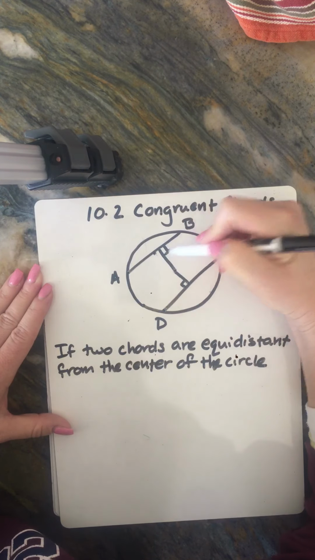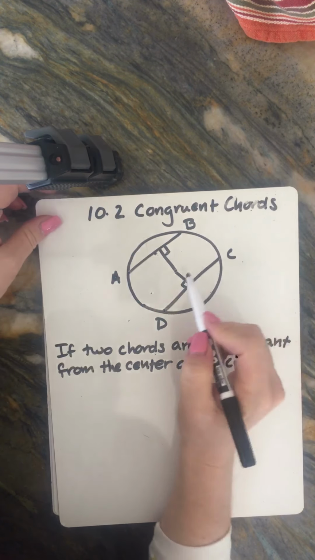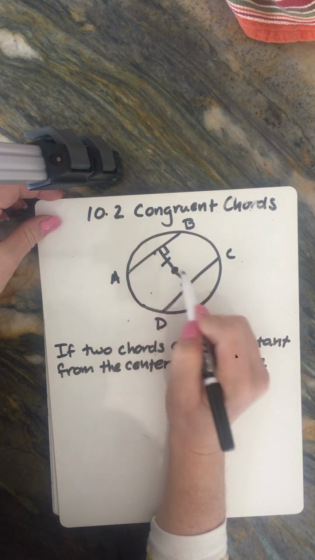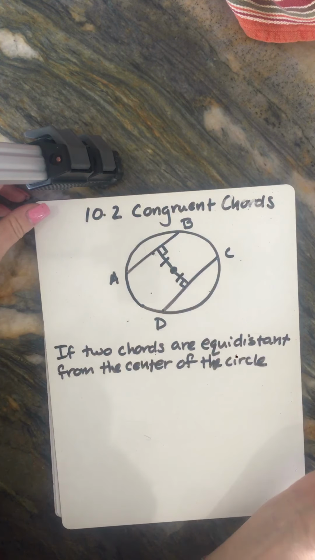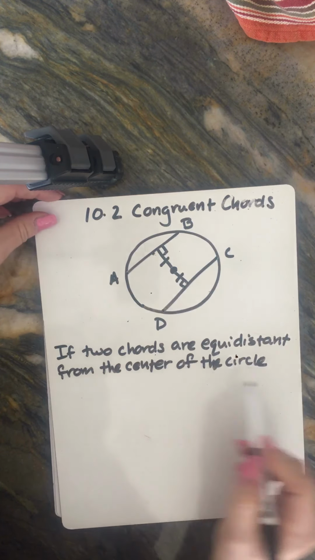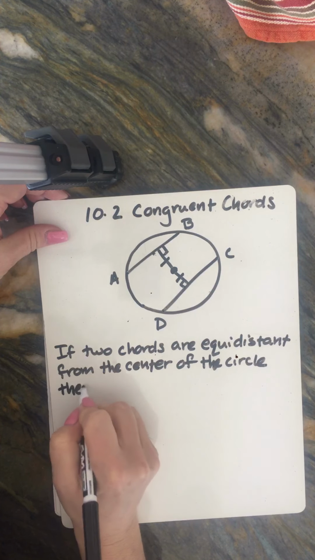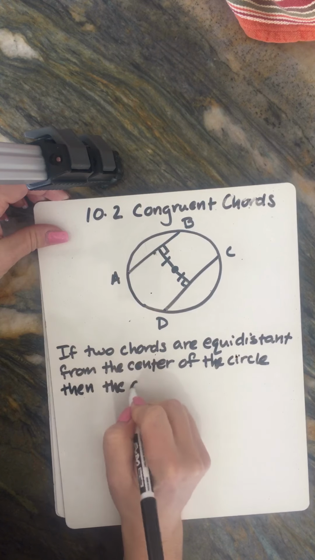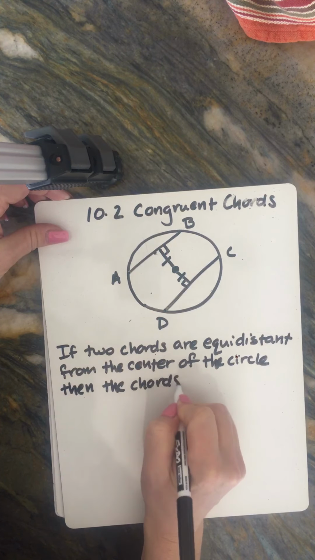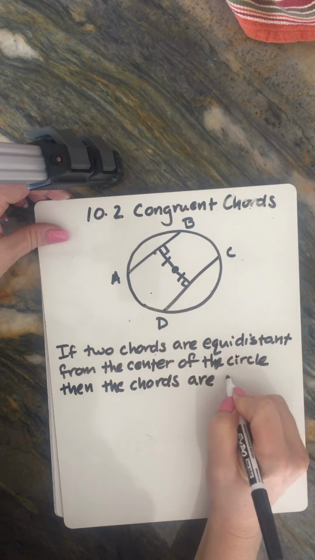Something like that. So these chords are equidistant. If this is the center, then this line and this line are congruent to each other. So if two chords are equidistant from the center of the circle, then the chords are congruent.